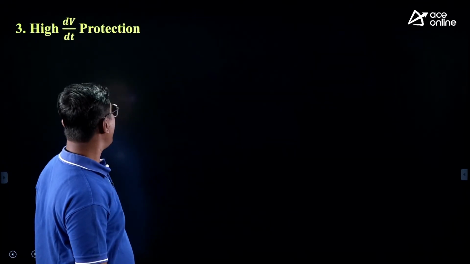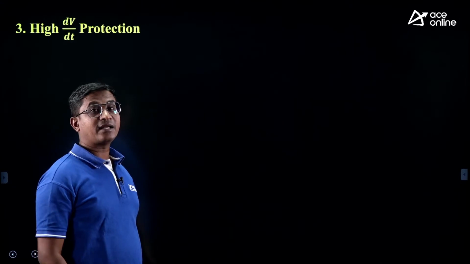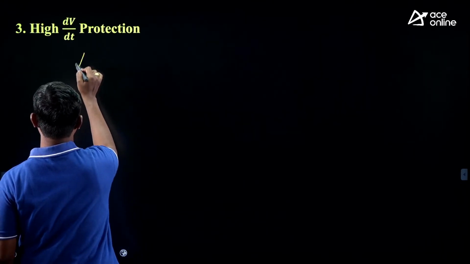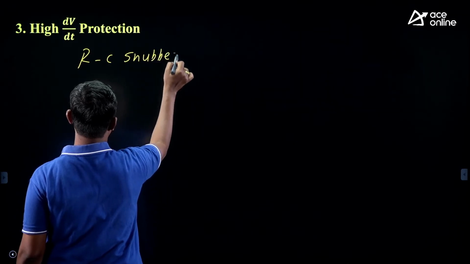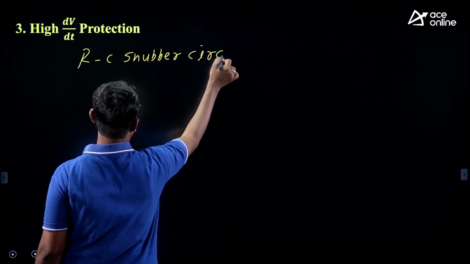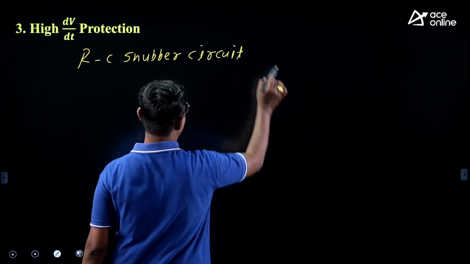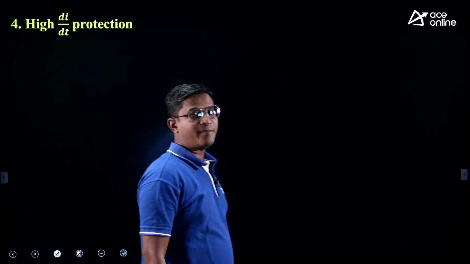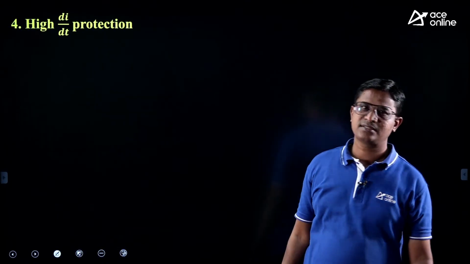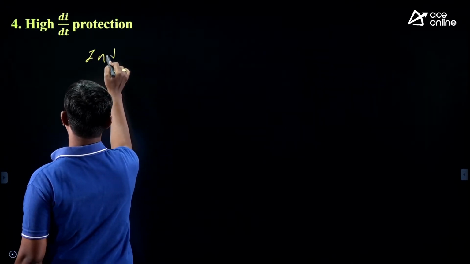Next is high dV/dt protection. For that, an RC snubber circuit is used, connected across SCR. And for high dI/dt protection, an inductor is connected in series with SCR.